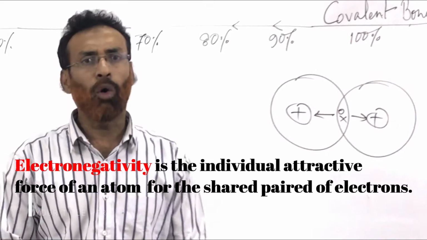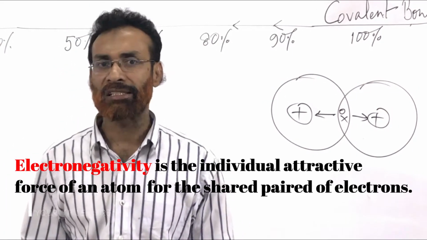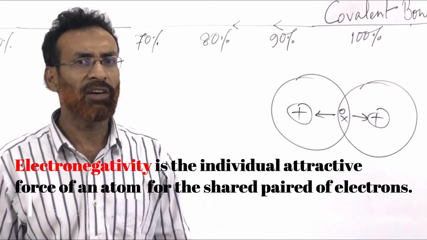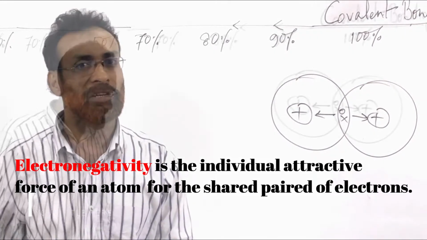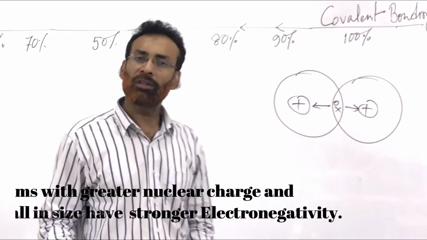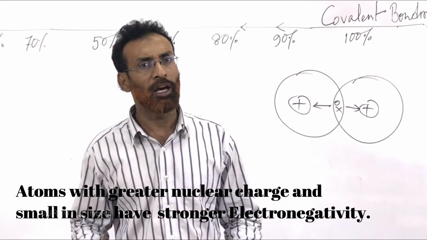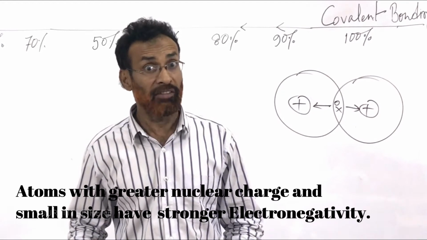As you know, all the atoms have different nuclear charges and different sizes, so certainly they will have different values of electronegativity. Atoms with greater nuclear charge and smaller size have stronger electronegativity.